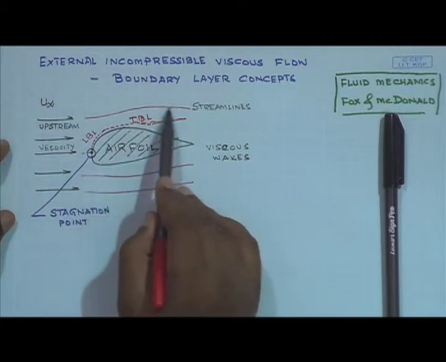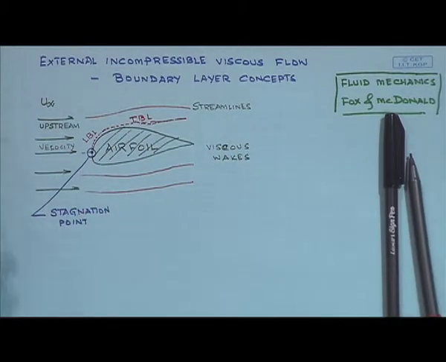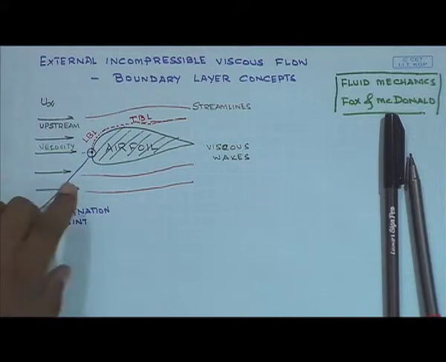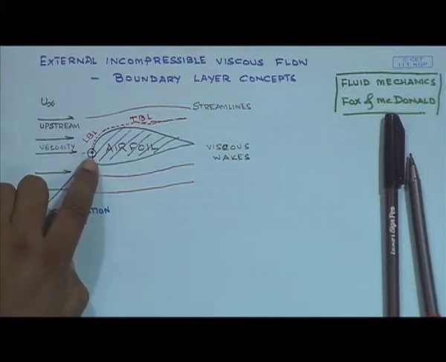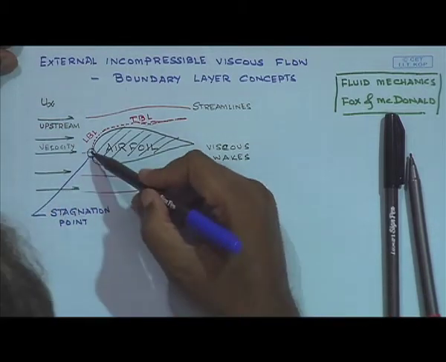These are streamlines of the liquid which form along the airfoil, and the point where it hits the airfoil is called the stagnation point, and the stagnation point would give you the highest pressure. And at this point the boundary layer starts to form.